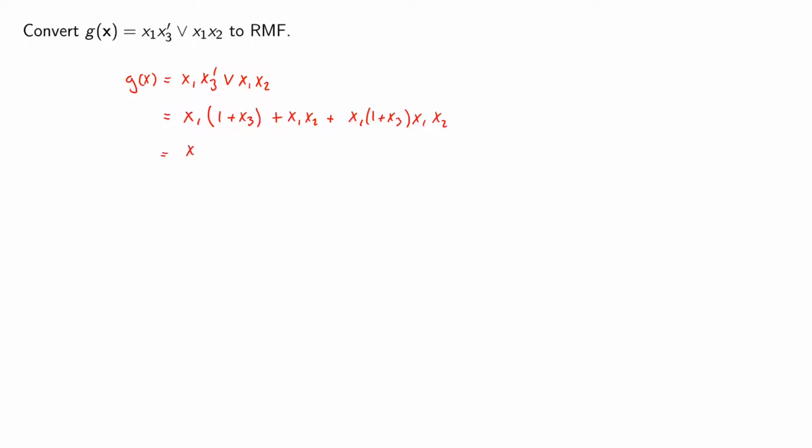And this we can write as x1 plus x1 x3 plus x1 x2 plus x1 x2 plus x1 x2 x3. And since we have characteristic 2, these two terms will cancel out. So we have finally x1 plus x1 x3 plus x1 x2 x3. So that was one way of deriving the RMF.